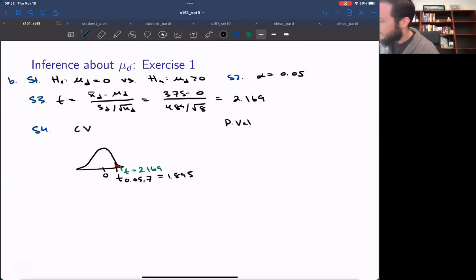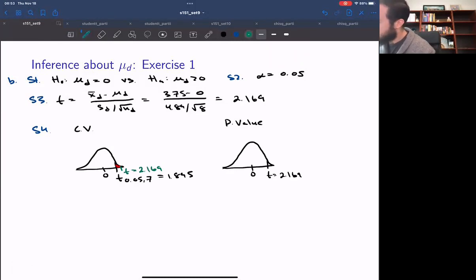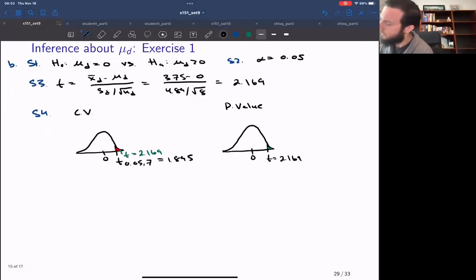All right, and then if we take the p-value, here we're going to mark down our test statistic. In this case, the p-value is equal to the probability that t exceeds 2.169.